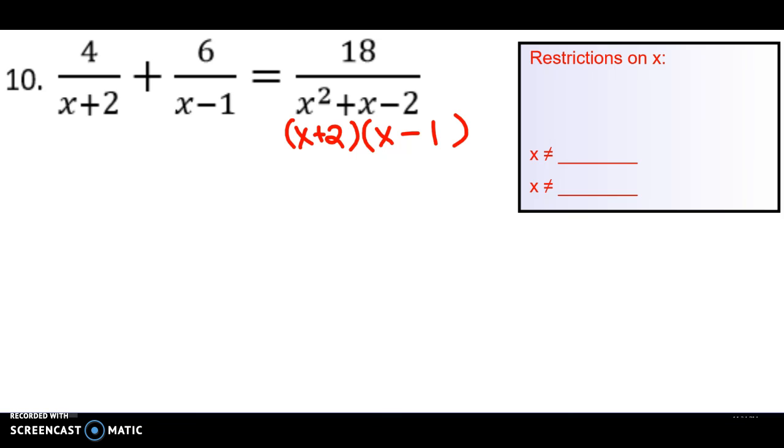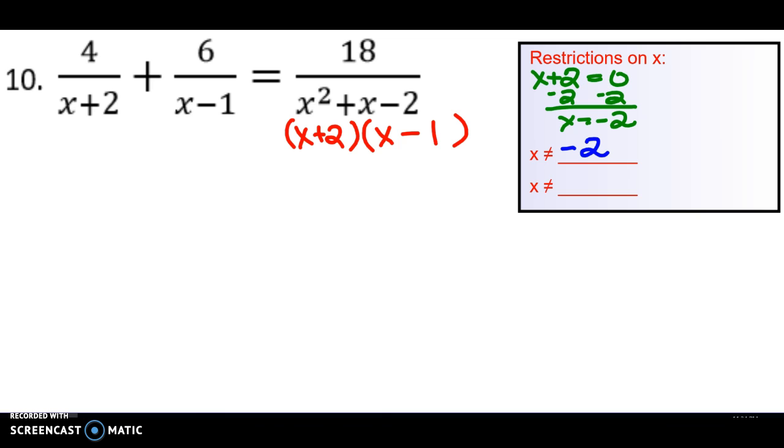So we need to find these restrictions on x. What we're going to do with these factors is we're going to set them equal to 0, because we know we cannot have 0 in our denominator. So if I have x plus 2 equals 0 and I subtract 2 on both sides to solve for x, I know that x would equal -2. So we cannot have an answer of -2. That is one of the restrictions on our equation.